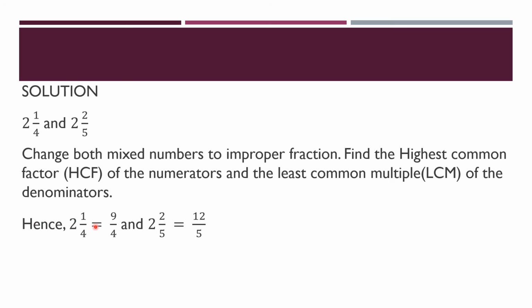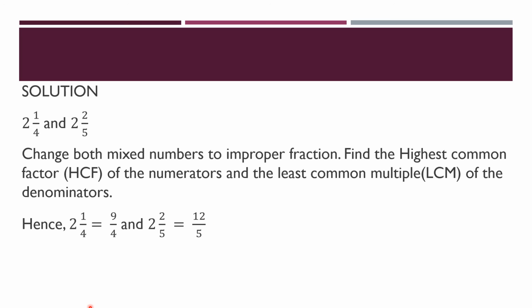I changed it to improper, and I have 9/4. How? 4 times 2 plus 1. The denominator remains the same, but the numerator has now become 9. For the second one, I have 5 times 2 plus 2, that is 12, and the denominator is still 5, but the numerator has changed to 12.